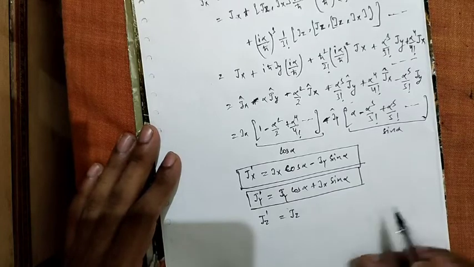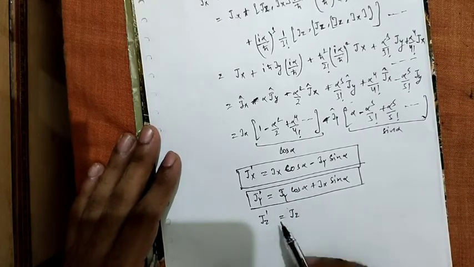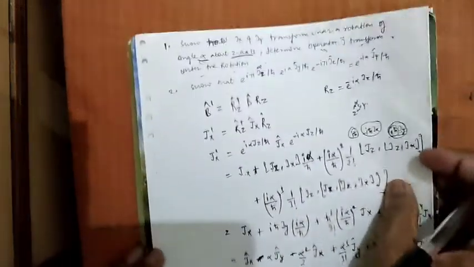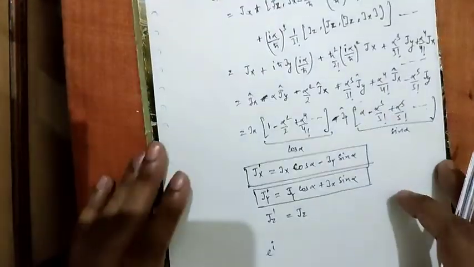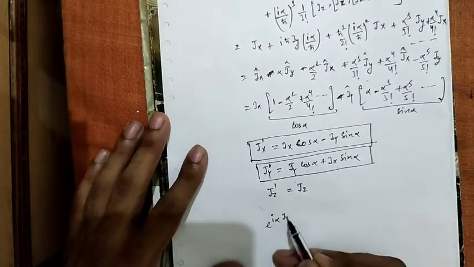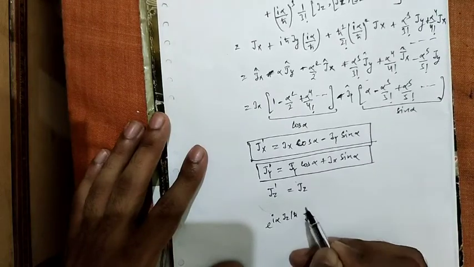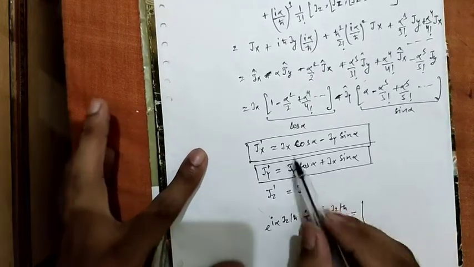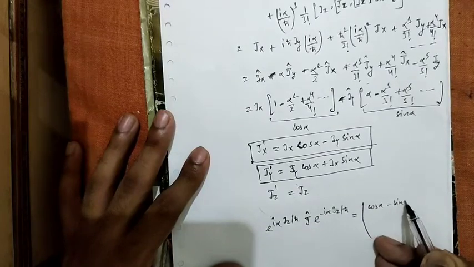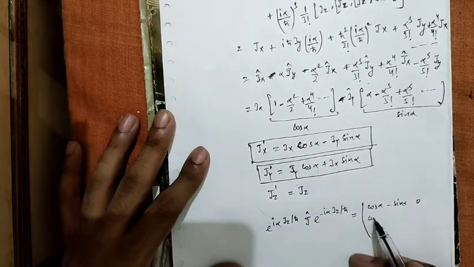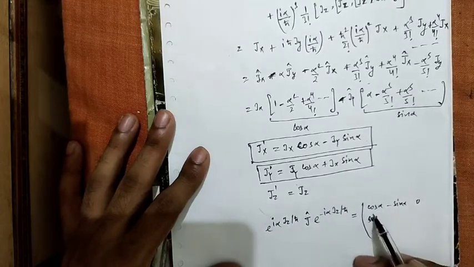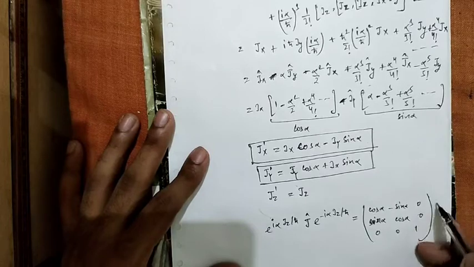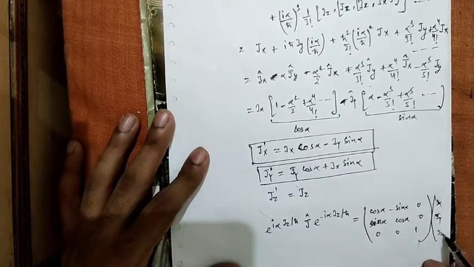Forming the matrix relation to condense all these equations, to determine how the operator J transforms in the rotation, we have e to the i alpha Jz by h cut, J operator, e to the minus i alpha Jz by h cut, equal to the matrix cos alpha, minus sin alpha, 0; sin alpha, cos alpha, 0; 0, 0, 1.